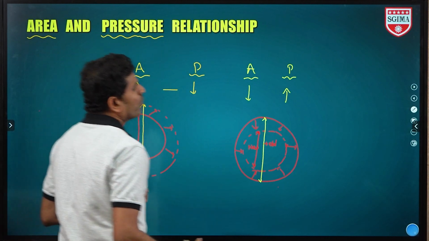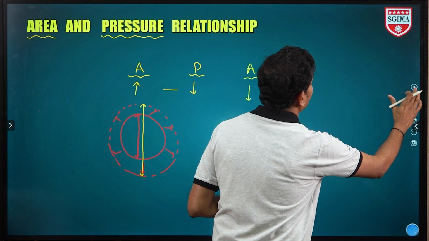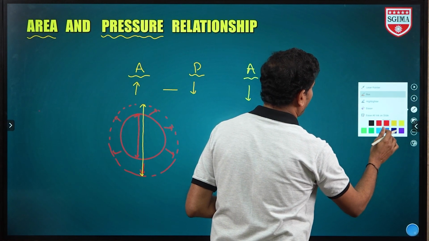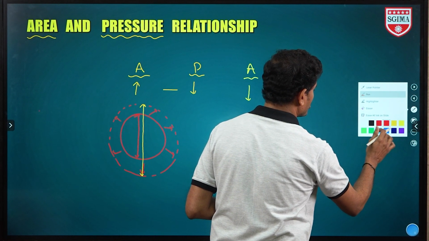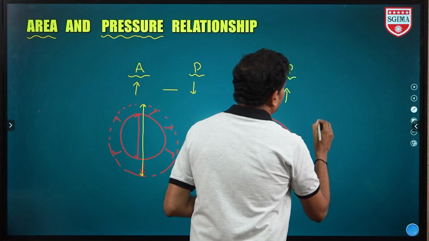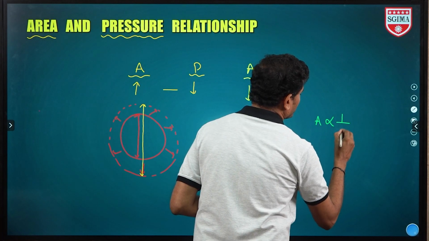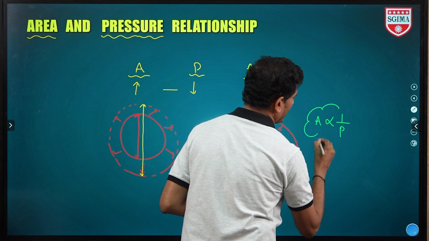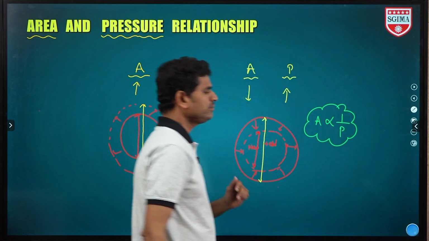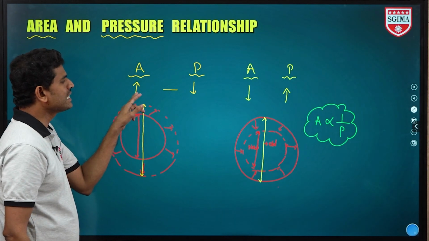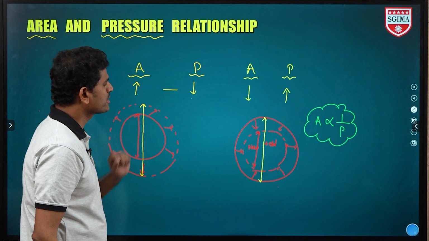Then finally, what can we conclude here? The area and pressure relationship will be like this: area is inversely proportional to pressure. This is the only final conclusion. If area increases, pressure decreases.